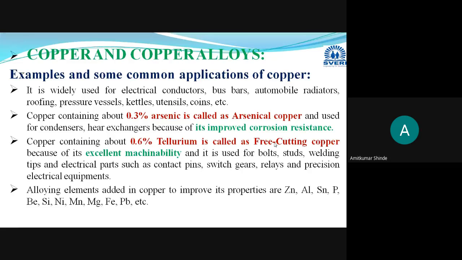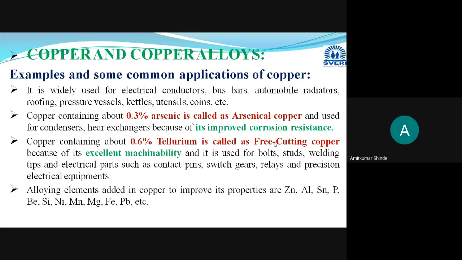This free cutting copper is used for manufacturing different kinds of bolts and studs made of copper, then electrical components like contact pins, switch gears, relays, and other precision electrical equipment.